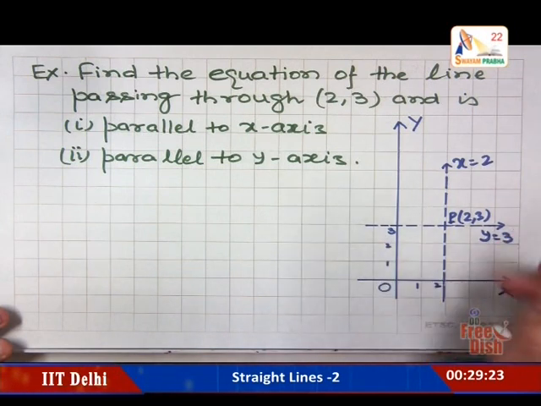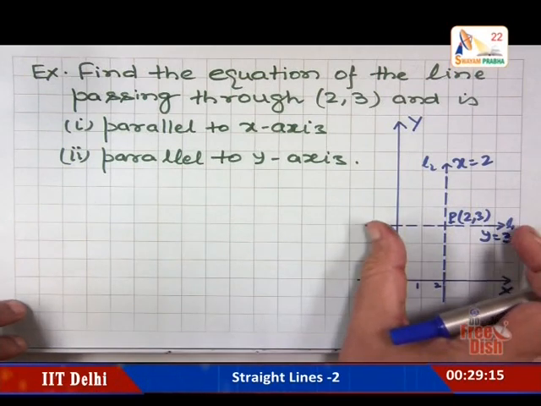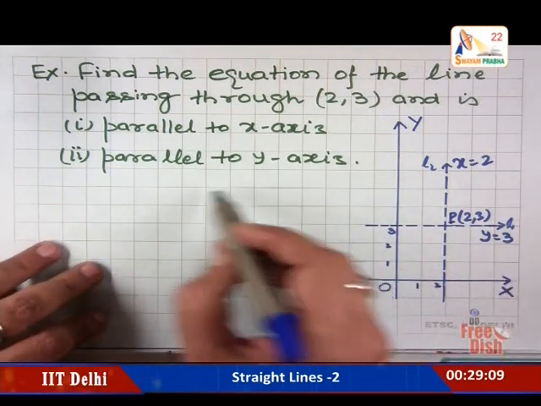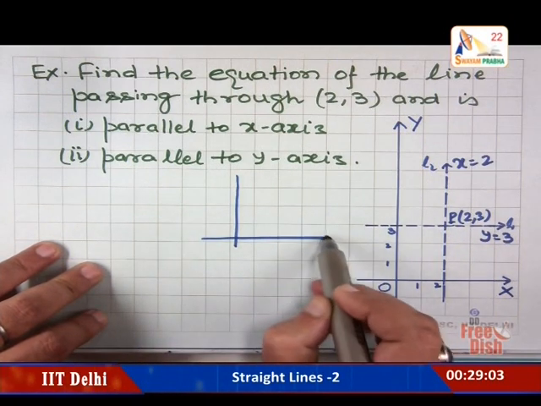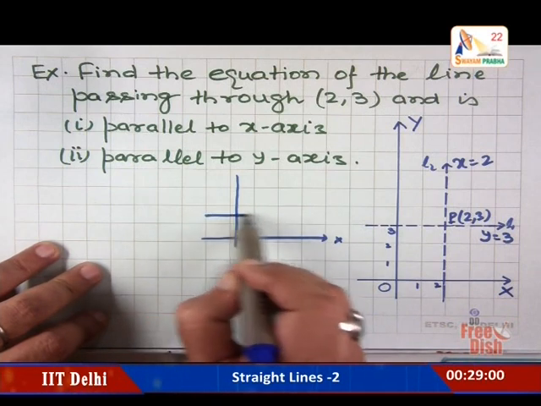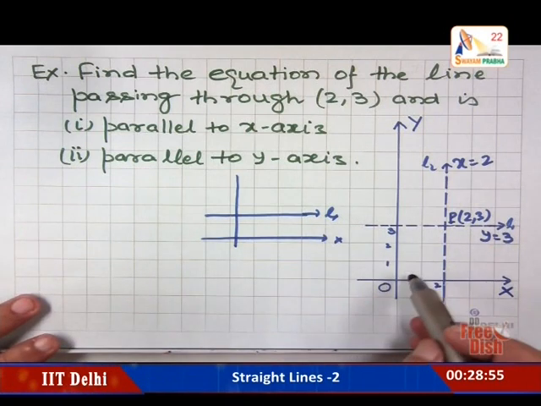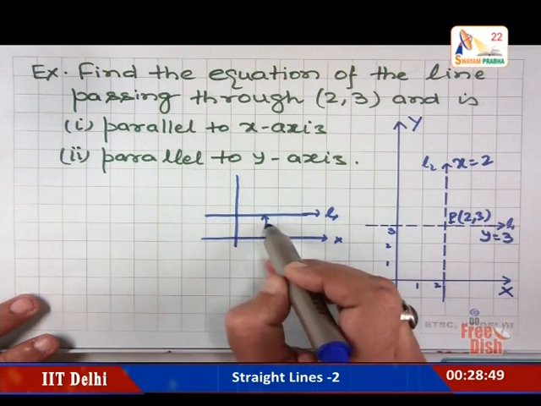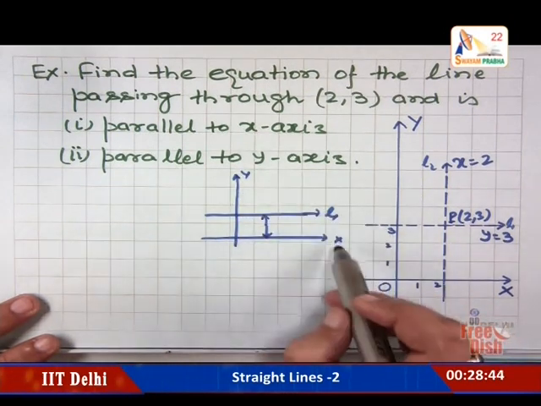Say this is L1 and say this is L2. Now first see the equation of line L1. Say this is x and this is line L1. What is the distance between the x-axis and this line L1?